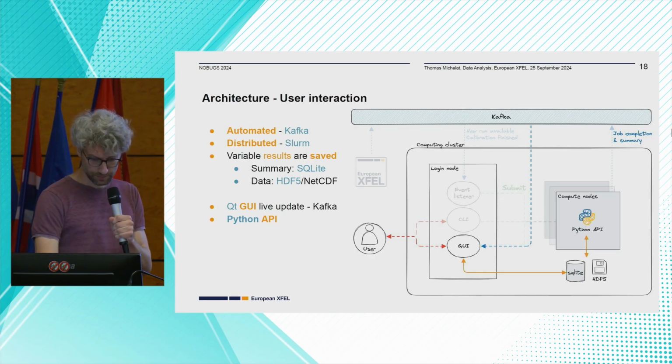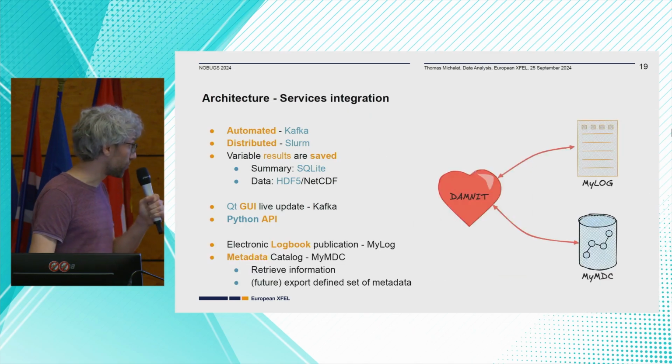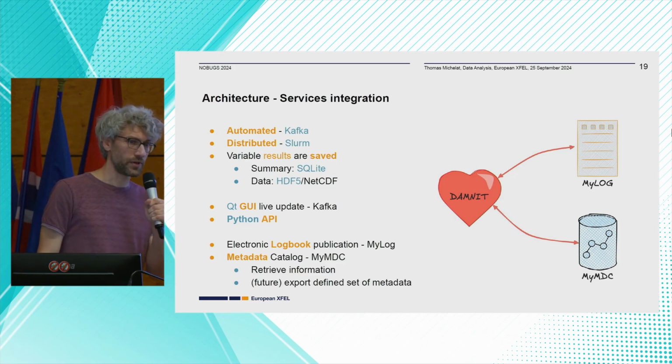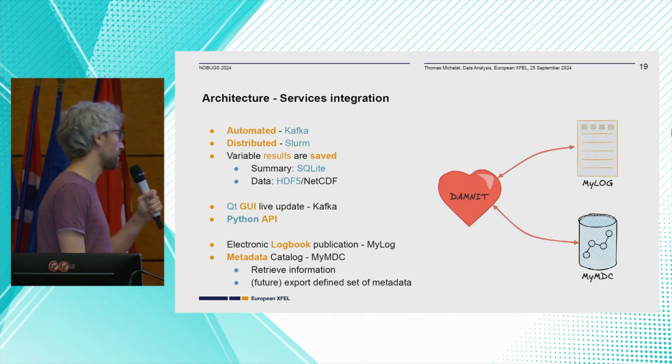We have further integration with more services. For example, we can publish a run table in our electronic logbook and access a lot more metadata that's available in our metadata catalog, for example related to sample information or experimental techniques.